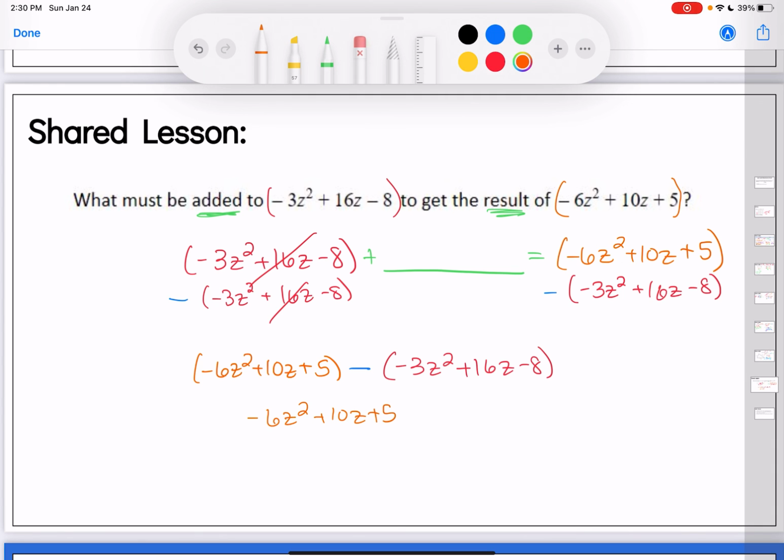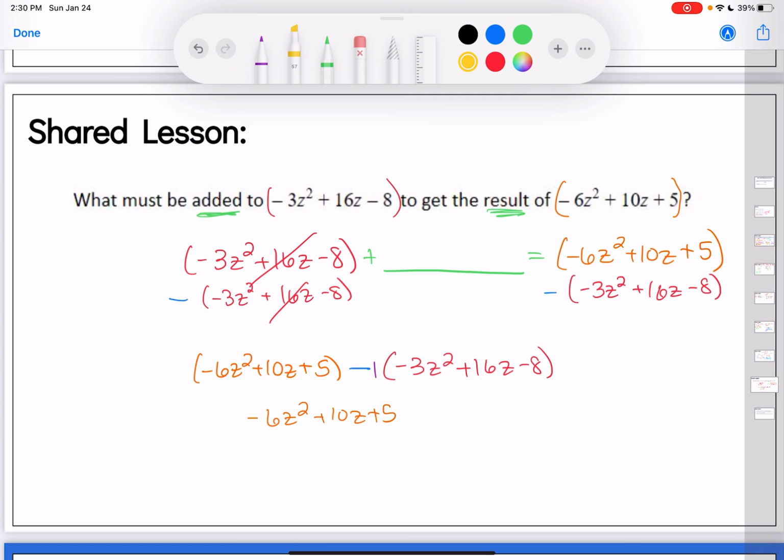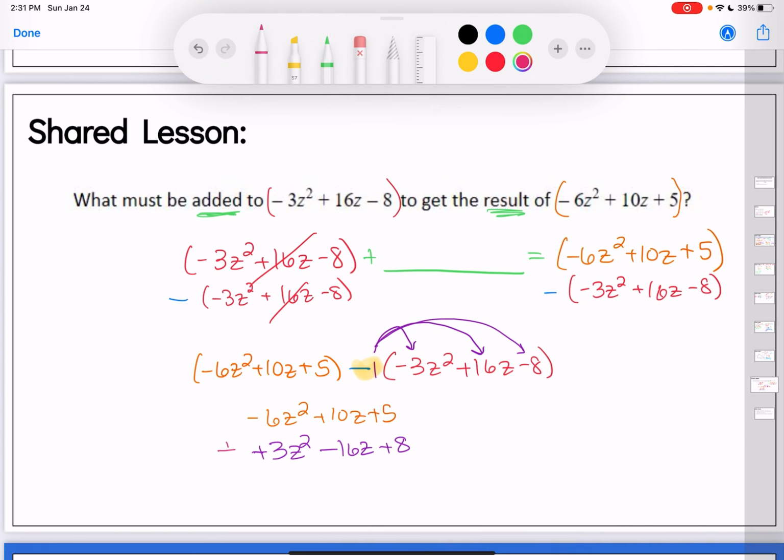The second one, I want to make sure that I distribute that negative 1. And this is why it's extremely important that you show your work on this, because this becomes positive 3z squared, negative 16z, and then positive 8. And if you didn't show your work properly, your answer probably would not make sense, so be careful. So negative 6z squared plus 3z squared is negative 3z squared. 10z minus 16z, negative 6z, 5 plus 8, 13.